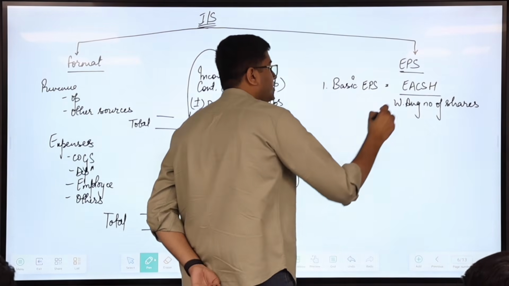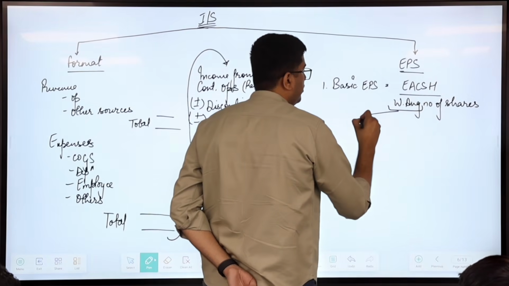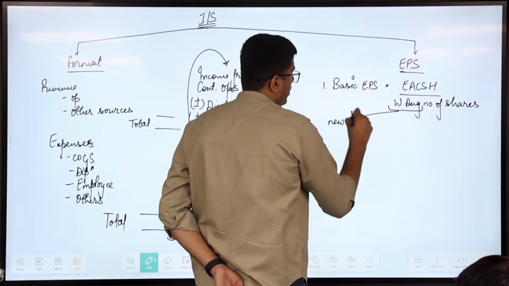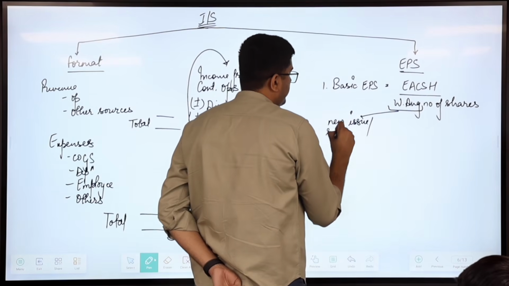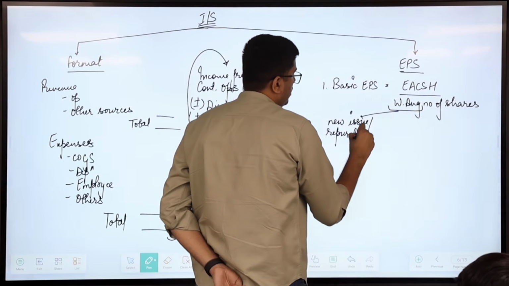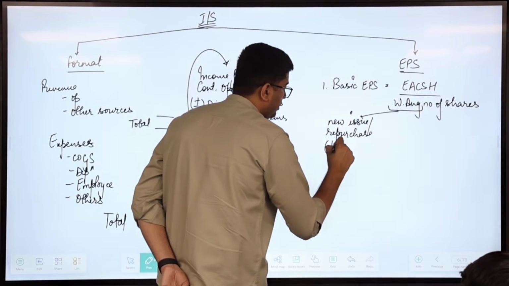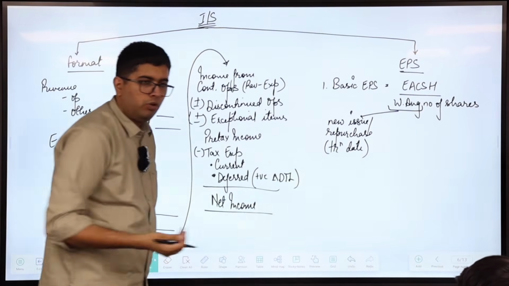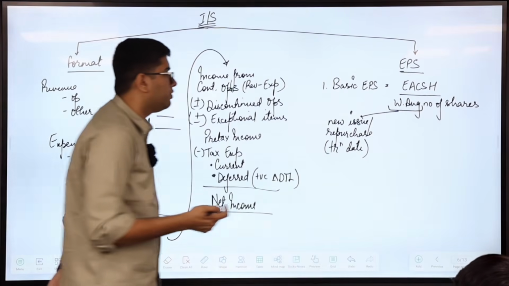So first complication is this weighted average itself. For new issue or repurchase, transaction date will decide the weightage. So the date on which you did the issue or repurchase, that will decide the weightages.